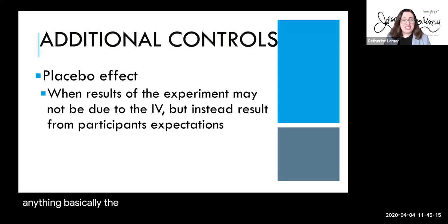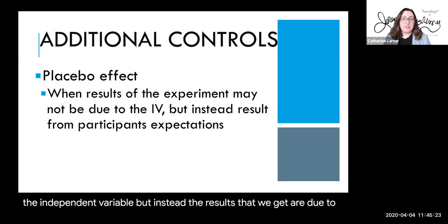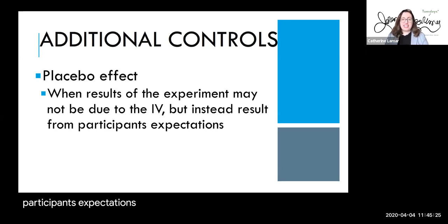Basically, the results that we get might not actually be due to the independent variable, but instead due to participants' expectations. Participants think something should happen, so they start to act differently. They might even actually experience different things. But what we're observing is just due to those participant expectations, not actually the independent variable.